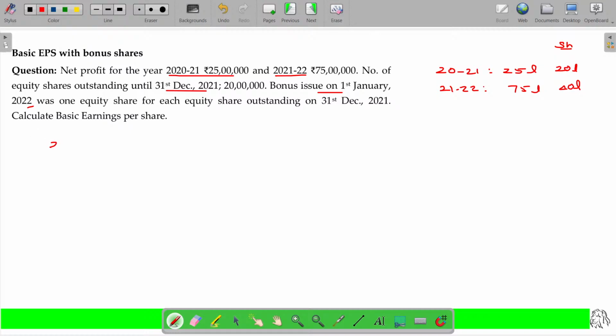Now for the year 2021. EPS is equal to earnings available to equity shareholders divided by weighted average number of equity shares.